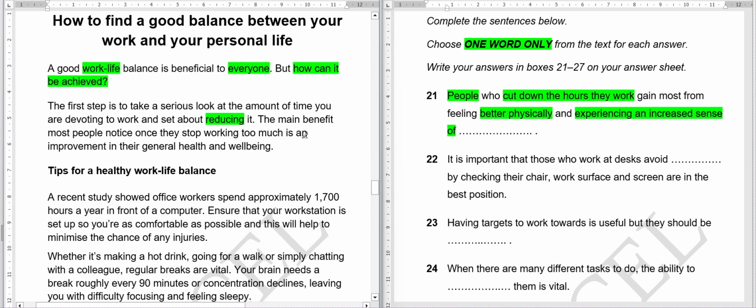The main benefit most people notice when they stop working too much is an improvement in their general health and well-being. All right, so this is our location. Obviously we have established that this is the reducing, the cut down of hours. So most people gain most from something. Okay, so this is your location. Now you have about 10 seconds to tell me the answer for this, and your time starts now.